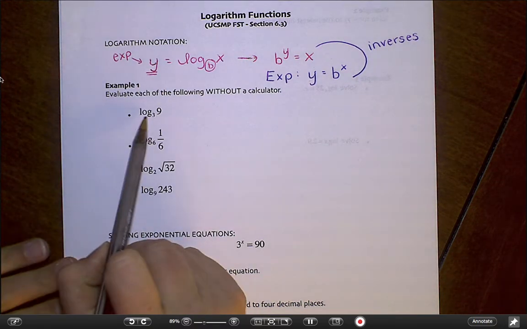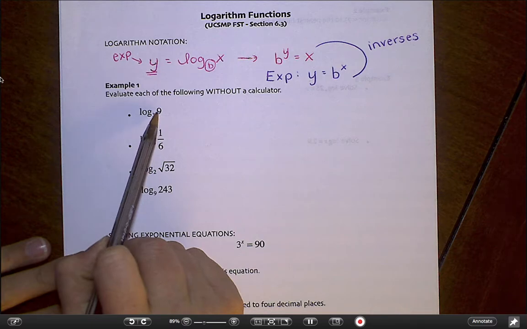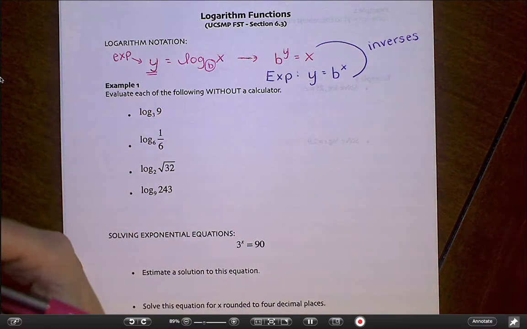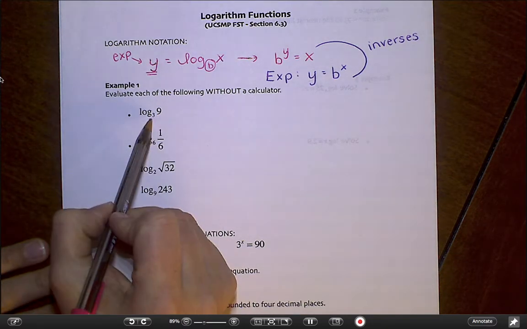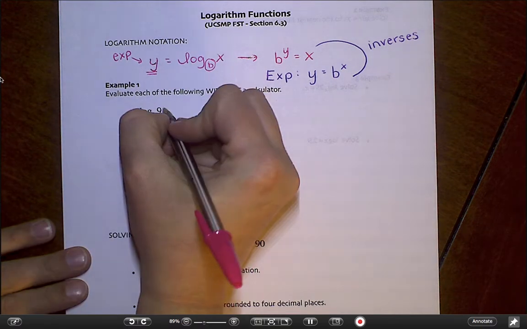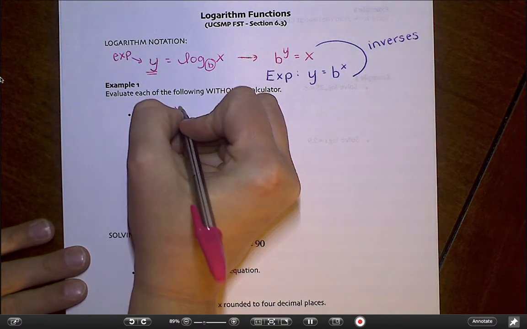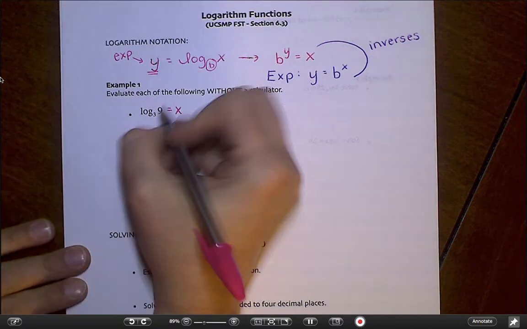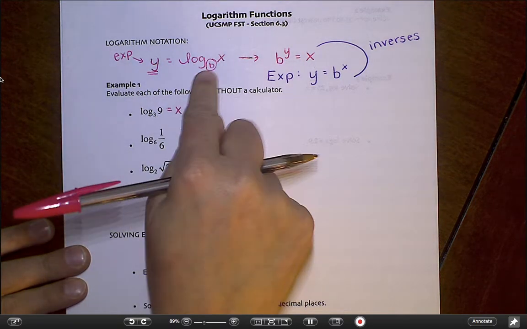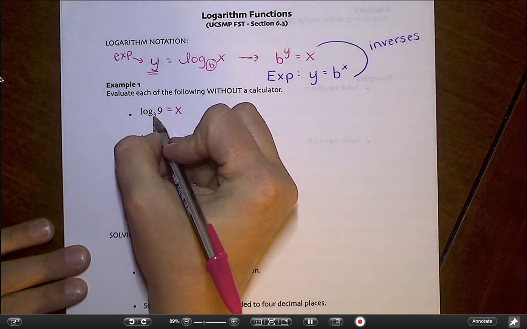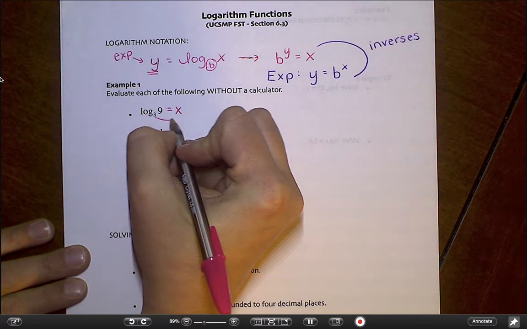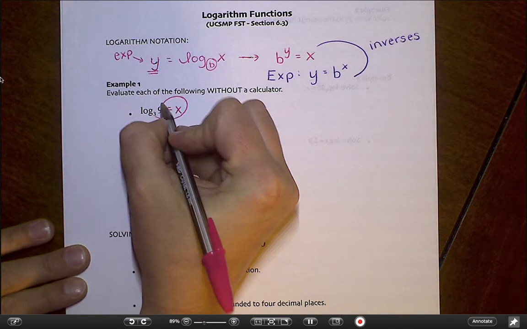So when I look at a question like this, log base 3 of 9, I'm going to do this the long way and then we'll talk shortcuts. What I'm really saying is log base 3 of 9 is equal to something. Okay? Then I'm going to use something called the circle method, which I really used back here, I just didn't draw it that way. This is really saying 3 to the power of x is equal to 9.